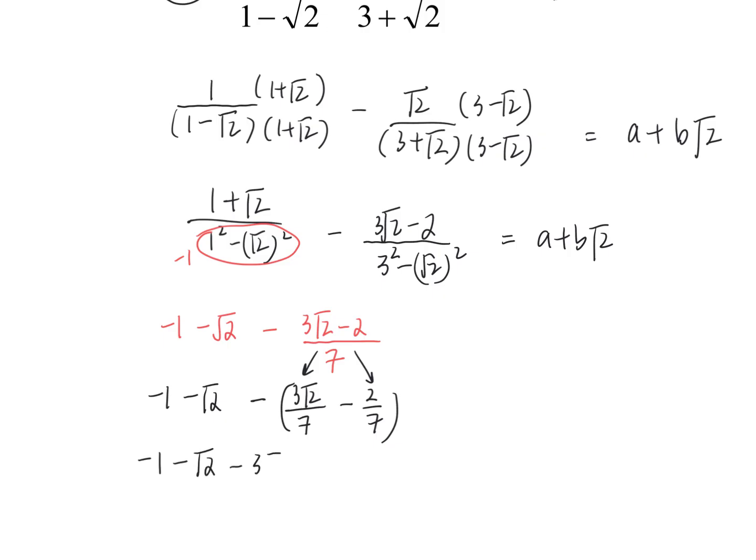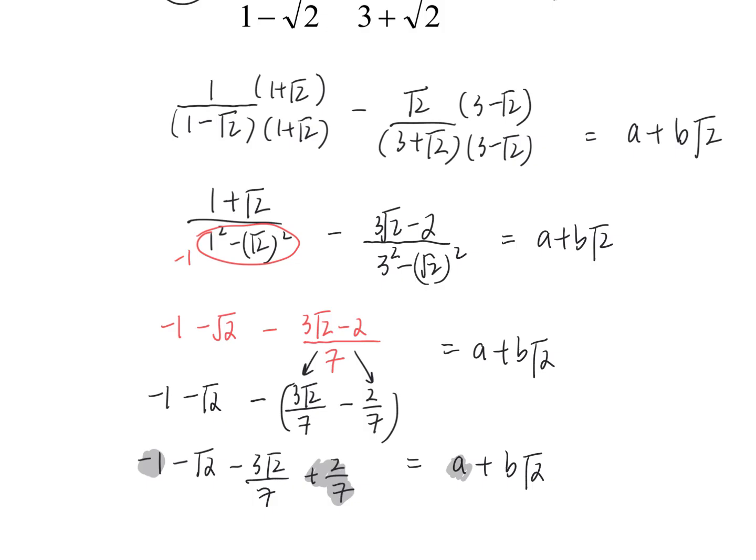You will get this thing. Okay, so if you want to do comparison, you just compare the constant term with the root 2 term. So that means A must be equal to this one and this. This is the A value. So A is actually minus 1 plus 2 over 7.